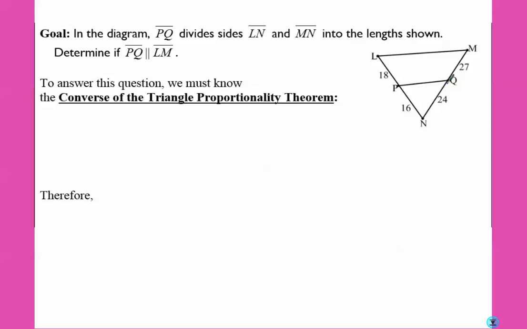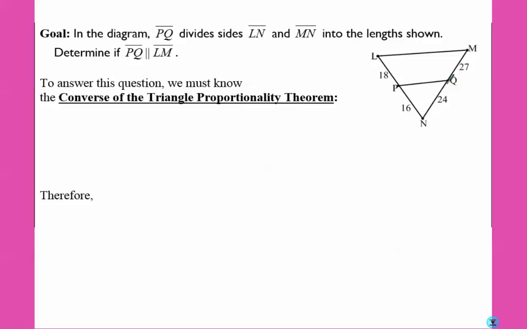To answer this question, we must know the converse of the triangle proportionality theorem. Think back to the beginning of the year with our if-then conditional statements. Converse is where you switch the hypothesis and the conclusion.